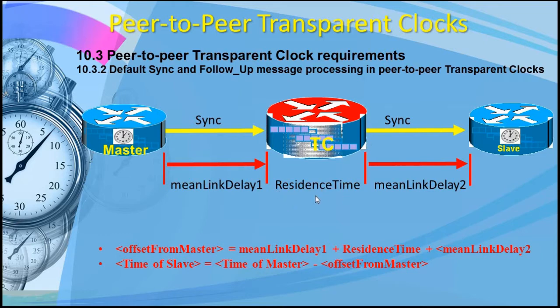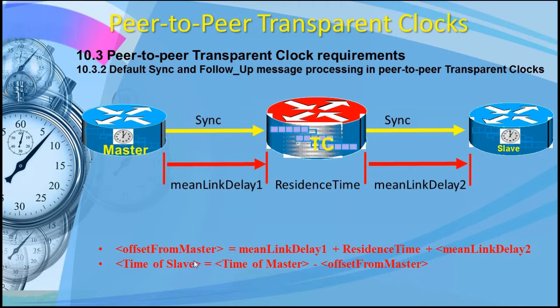That delay is called residence time. Another delay is between the transparent clock and the slave. It's called mean link delay. We can call it mean link delay number 2. Here it's called mean link delay number 1.